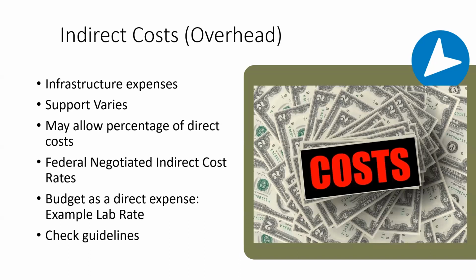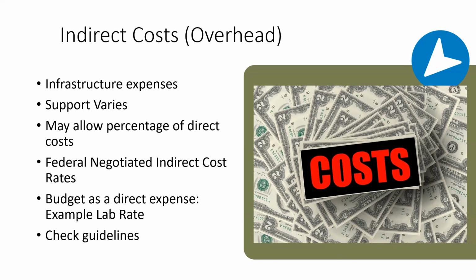Moving on to indirect costs. Indirect costs are those overhead costs. Support for indirect costs varies, so you want to look at your guidelines. It may provide a percentage of direct costs that are allowed. Federal grants will allow you 10% in indirect rate with no paperwork required.